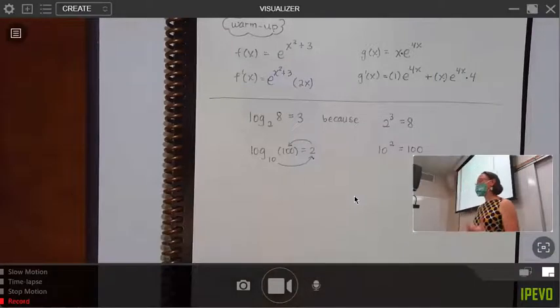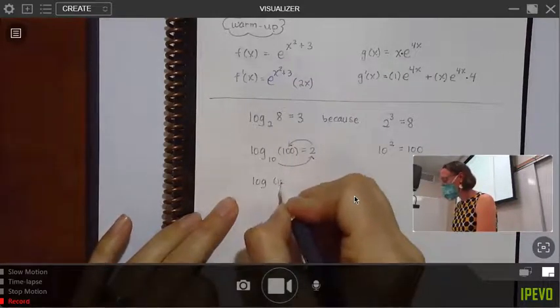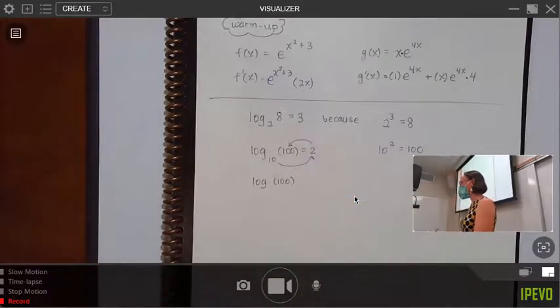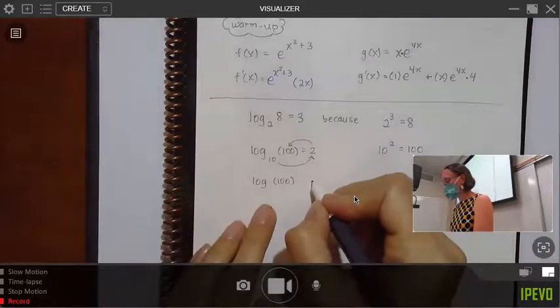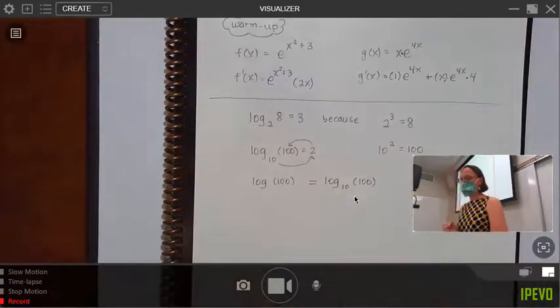Now, the reason that I say our textbook is that in some other countries, in some other textbooks, a lot of times in engineering textbooks, if I write log 100, our textbook knows that the implied missing base is 10, but in some books, the implied missing base would be e. In our textbook, this notation is equivalent to saying log base 10 of 100.